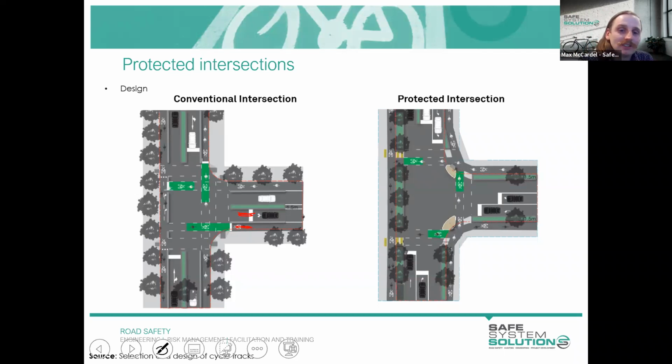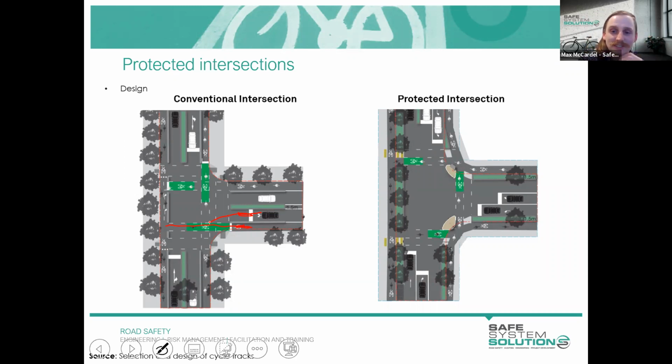But you can imagine, this illustrates the point before. If we had the cyclist traveling through and that vehicle turning left there, really, really acute angle, really tight angle, makes it difficult for the motorist to see the through traffic for the cycling.